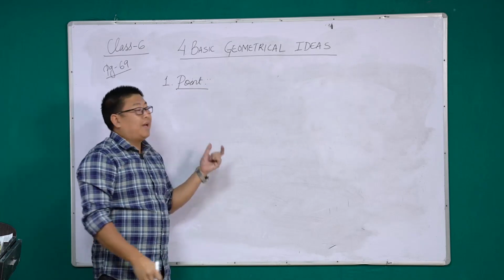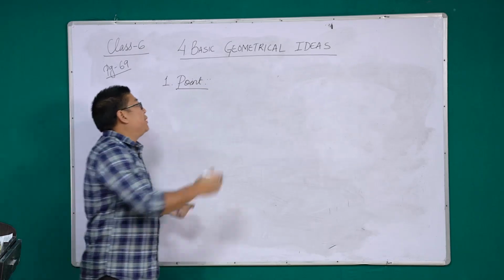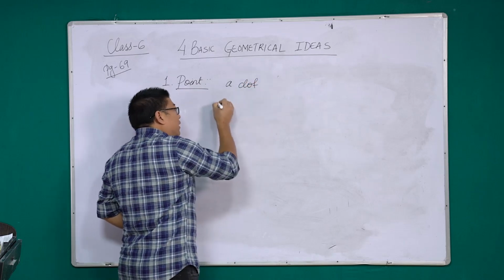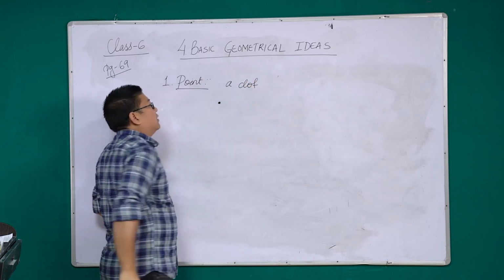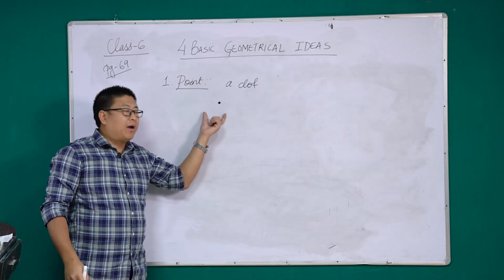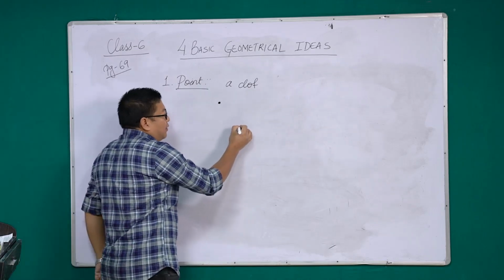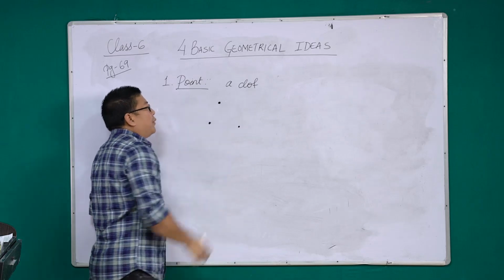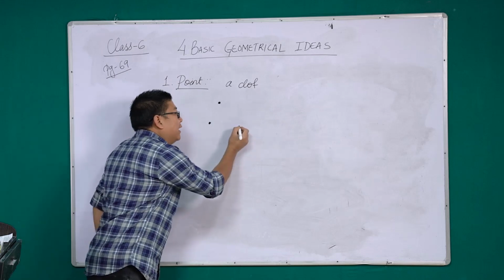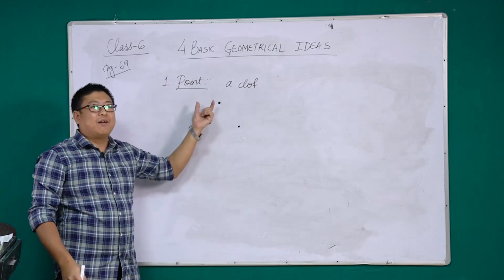A point, as we all know, is simply put, a small dot. If there are more than one dots, we cannot identify a particular dot simply by looking at it, and we cannot just refer to it.